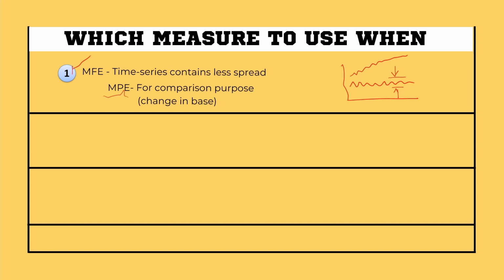Similarly, suppose you are trying to measure the accuracy at two different points of time, like the demand in 2000 versus the demand in 2022. So many factors have changed, so the absolute demand has also changed. It is not possible to determine the forecasting accuracy using MFE in such a case. You have to go for a relative measure, which is MPE.